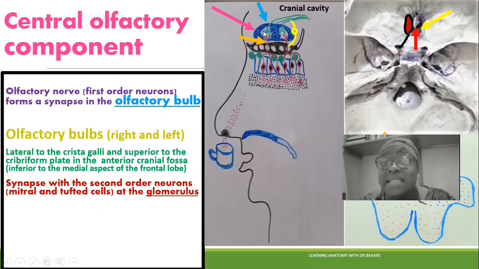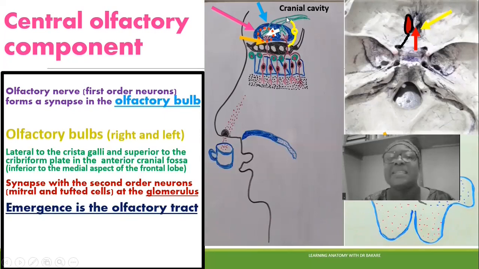And this synapse occurs at the specific region here that is arrowed in white, and this region is referred to as the glomerulus. So we have a collection of these structures within the olfactory bulb. We have events of synapses occurring at this point. So there is a synapse between the first order neuron and the second order neuron.